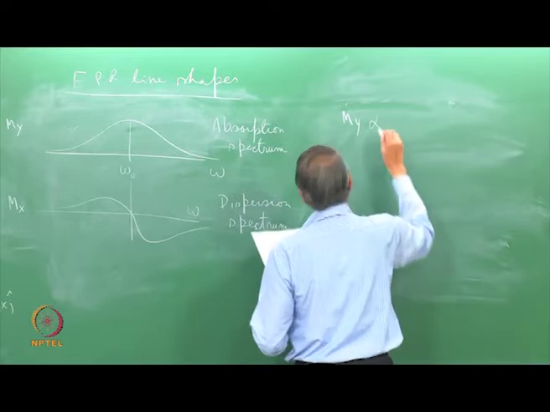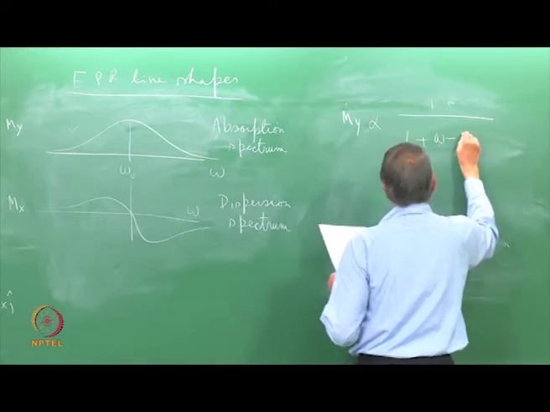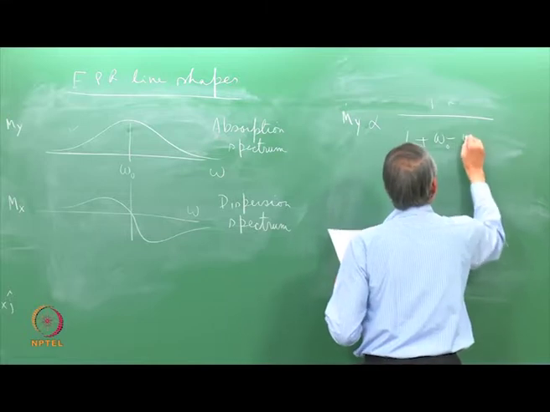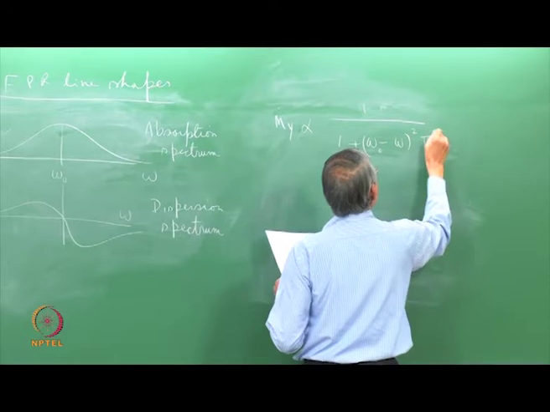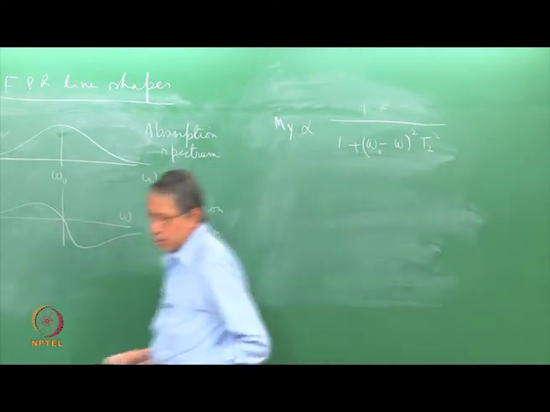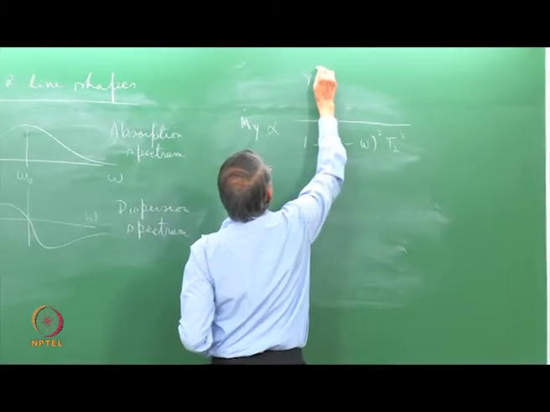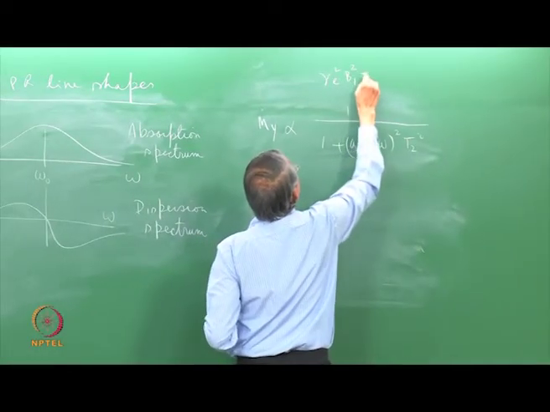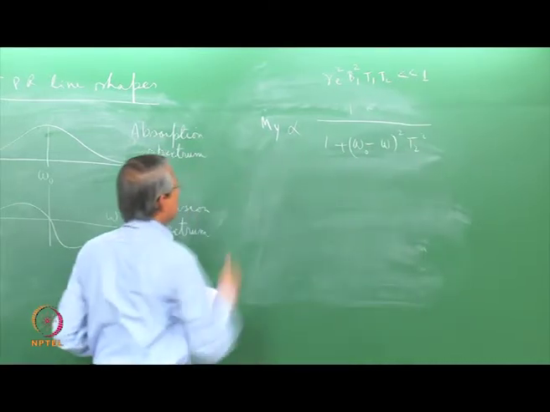My is proportional to this. If we neglect this term gamma square B1 square T1 T2, that is very small compared to 1, then it looks like this.